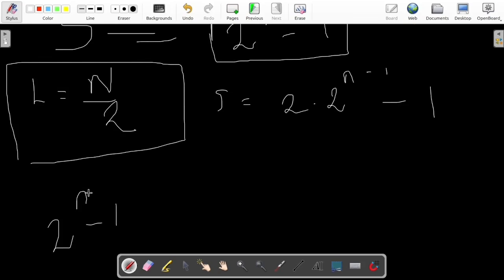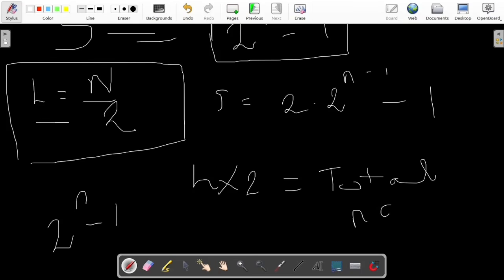Okay. Now, just tell me one thing. If you multiply this L, which equals n by 2, L by 2 is nothing but the total number of nodes. Because in n by 2, the 2 will get cancelled and we will get the total number of nodes.